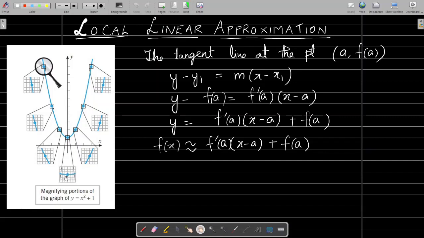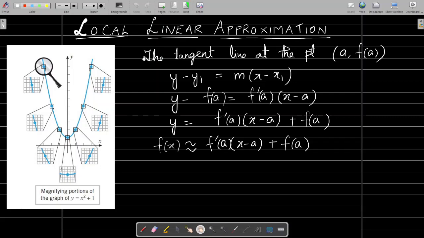So this property can actually be used to approximate the value of that function in a small neighborhood of a given point. That is, any nonlinear function can actually be approximated by a linear function in a very small neighborhood of a given point.